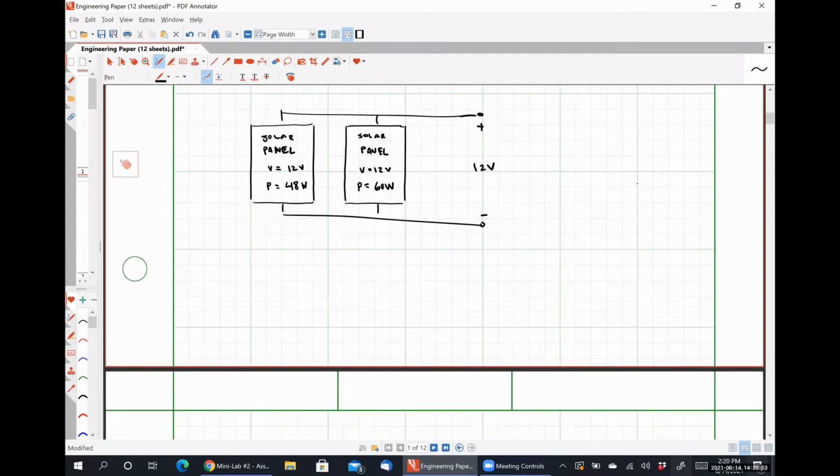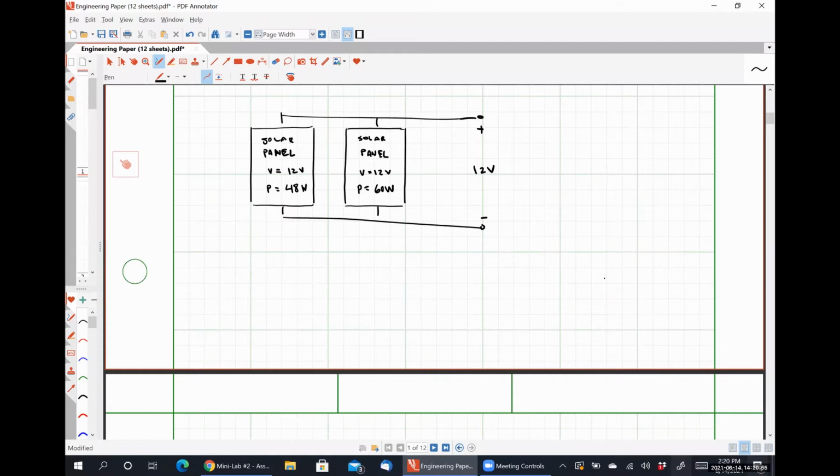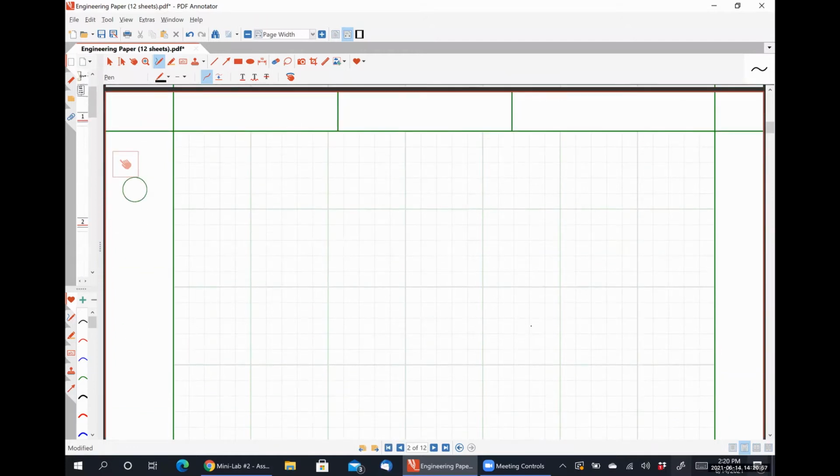So it's probably more likely, instead of just seeing two solar panels connected together, we might see a system that's more like this.